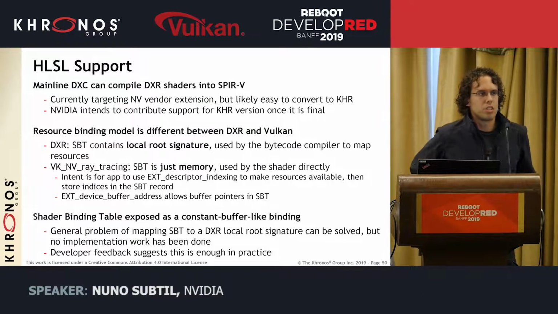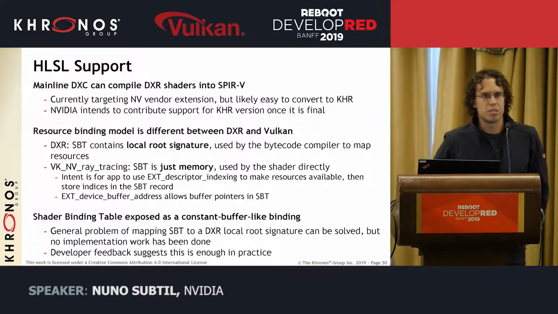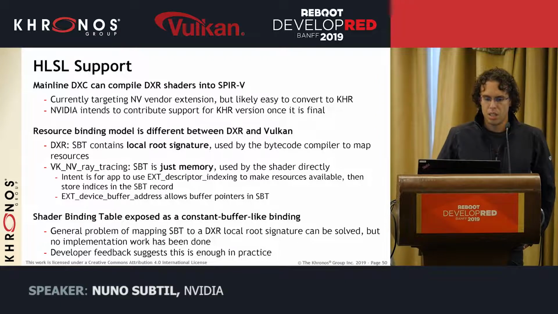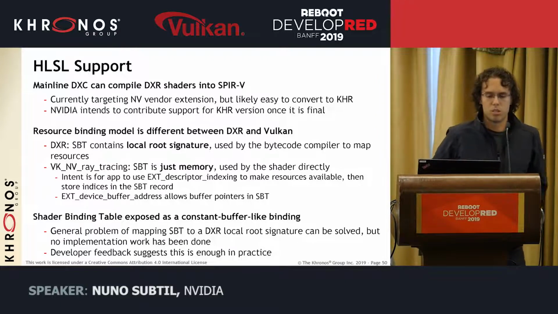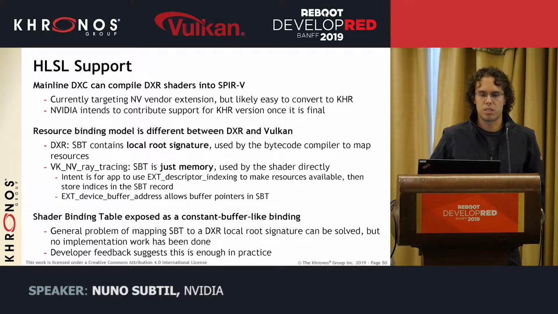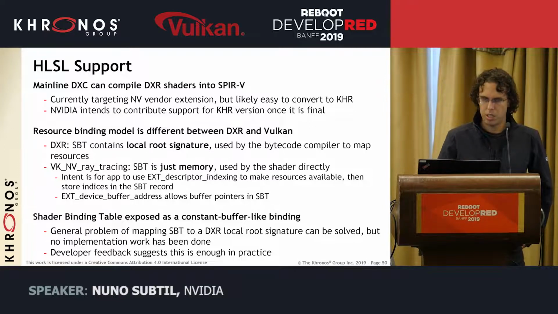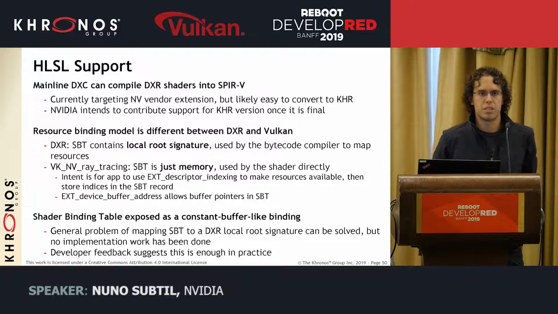So I talked a lot about GLSL, but I know that in the games industry in particular, HLSL is a lot more popular. In the DirectX shader compiler, Google has built a backend that generates SPIR-V in DXC, and this is part of mainline DXC in the Microsoft repo. And NVidia recently contributed support for generating SPIR-V from DXR shaders that targets the NVidia ray tracing extension.